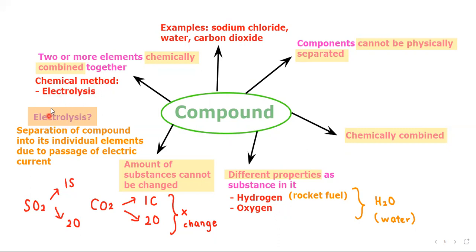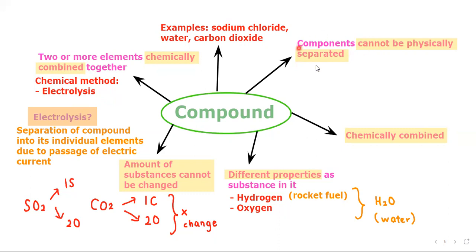So what is meant by electrolysis? Let's recap. It is the separation of compounds into their individual elements when an electric current is passed through it, which means the positively charged ions and negatively charged ions of the compound can be separated when you use this electrolysis process. This process only works on compounds, but not mixtures.